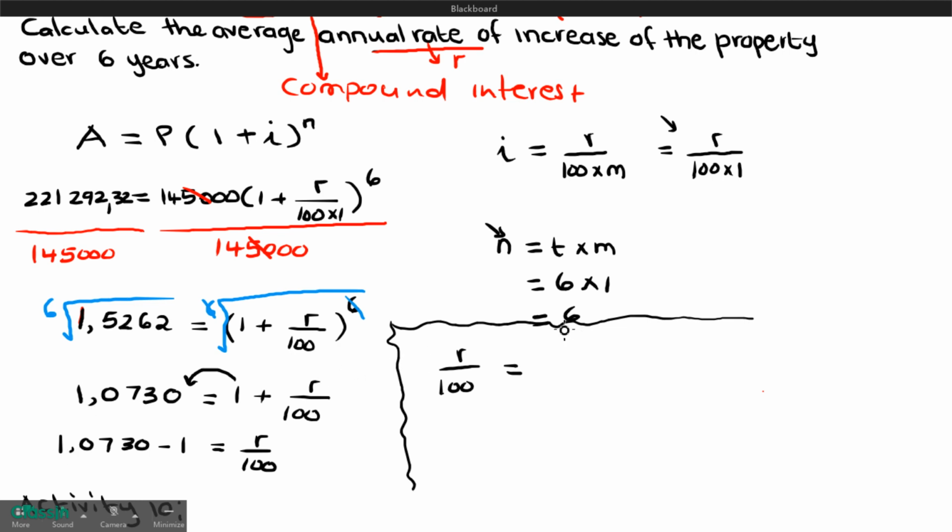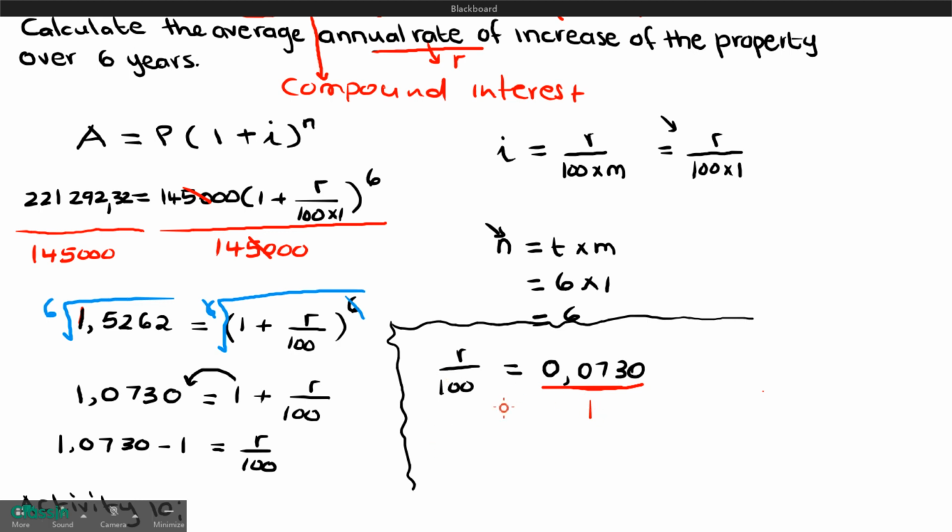Then we are going to have 1,0730 minus 1, which our answer is going to be 0,0730. Now, once we have a fraction this side and we don't have a fraction this side, it means that we must make this one a fraction by dividing everything by 1.